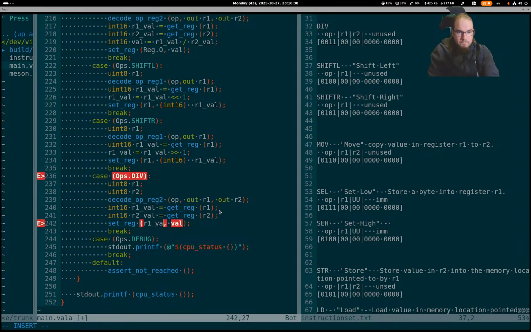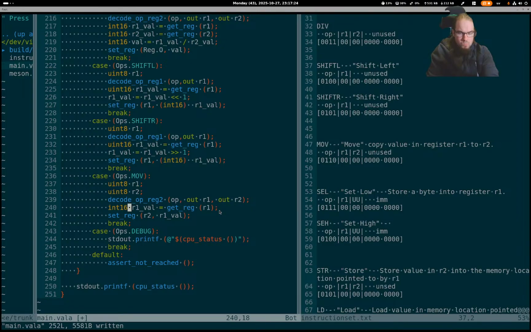R1, R2, R1 val, I guess. And that is going to be MOV. There we go.